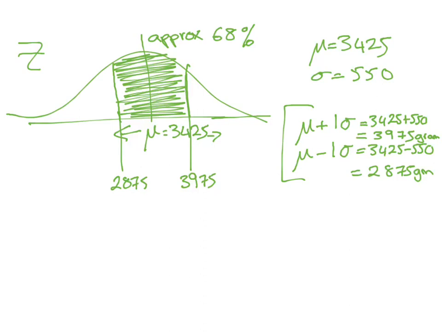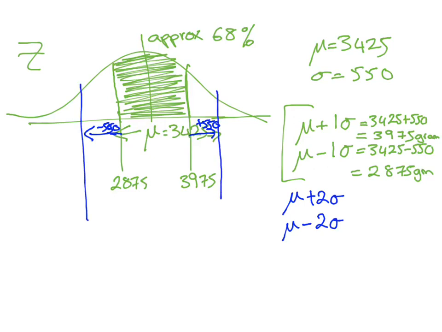Now I want to go 2 standard deviations away from the mean. So I want to go the mean plus 2 standard deviations and the mean minus 2 standard deviations. So I want to go down another standard deviation, so I want to take away another 550 and I want to add on another 550, and I want to get to the 2 new values.